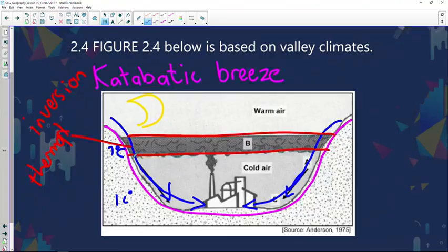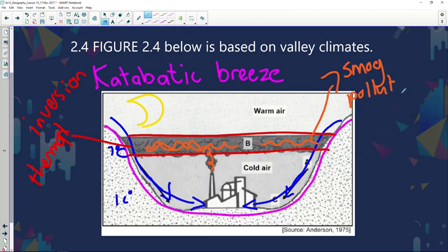Now, as you can see, because of this temperature inversion, this warm air, what does it do? It traps all these pollutants, creating smog. Now, what is smog? It's a mixture of pollution and fog.